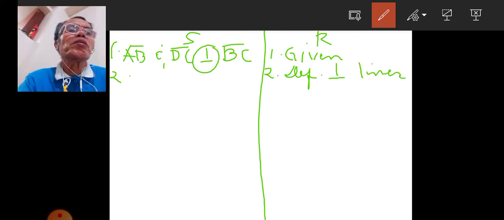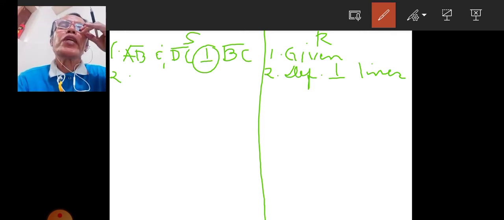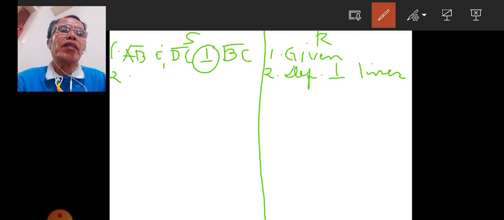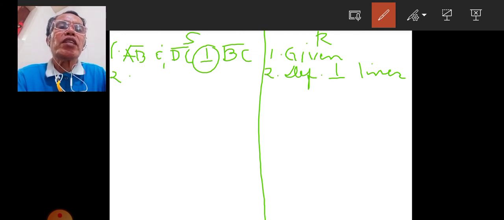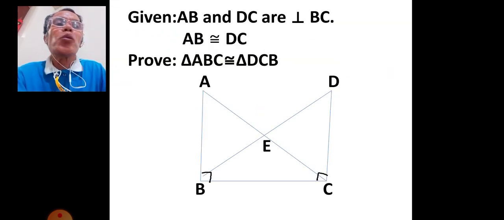How would we know that the two lines are perpendicular? The two lines are perpendicular if they form two right angles. So in your statement number 2, you are going to state the two right angles being formed by the perpendicular lines. What are those angles?